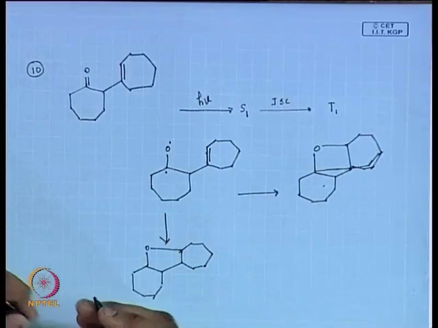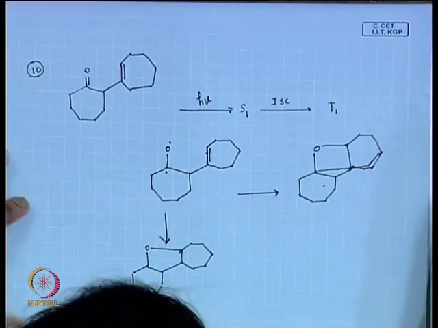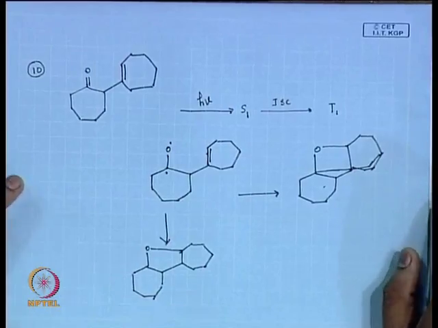I will just finish off with some words. We have seen carbonyl chemistry, we have discussed completely alpha cleavage reactions, then hydrogen abstraction reactions, and then addition to pi systems.